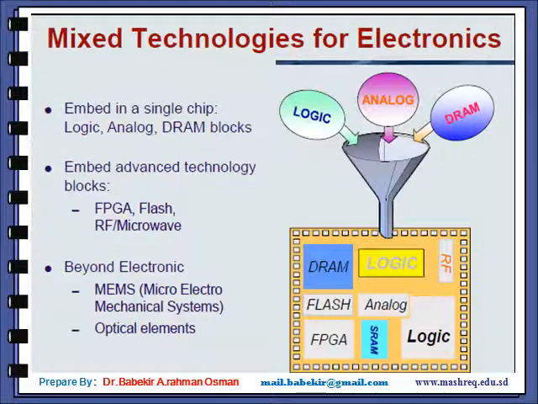Now this slide demonstrates clearly the use of mixed technology for electronics fabrication. For example, using logic design and analog types or DRAM for mixed purposes embedded in a single chip, logic or analog or digital design for DRAM blocks. Also, embedded advanced technology blocks are used to embed between technologies to provide a good system, for example FPGA, flash, RF and microwave.